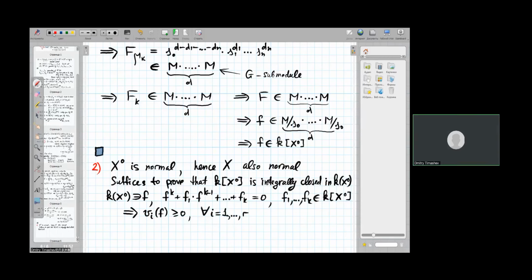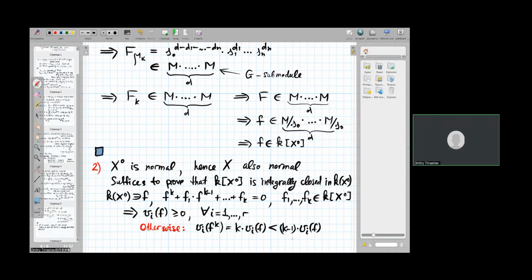Why so? Because otherwise we would have that the value of vi at f to the k, which is equal to k times vi of f, would be strictly less than k minus 1 times vi of f.